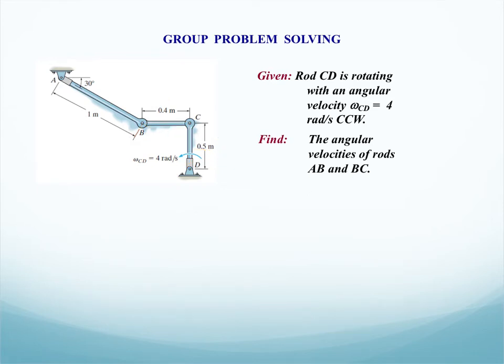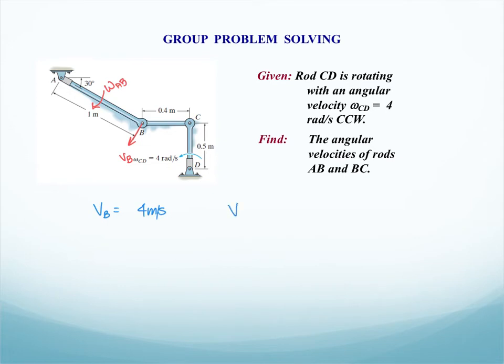So I had said that the velocity of B would look like this, but now I'm thinking about the omega AB. Now on the previous slide, I had found that the value of the velocity of B was 4 meters per second.